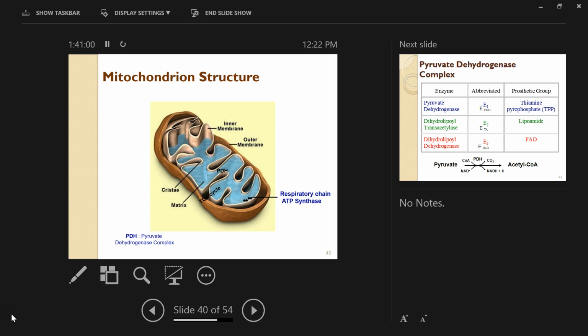Mitochondria, as you may have learned in previous classes, have two membranes, called the inner and outer membrane. Inside the mitochondria are the mitochondrial matrix and cristae.